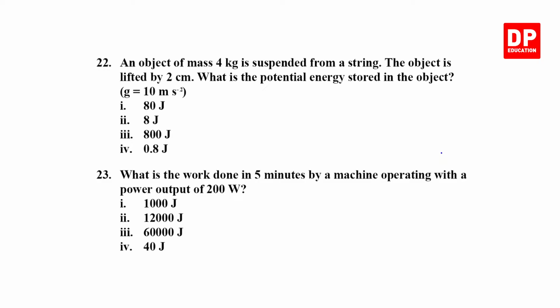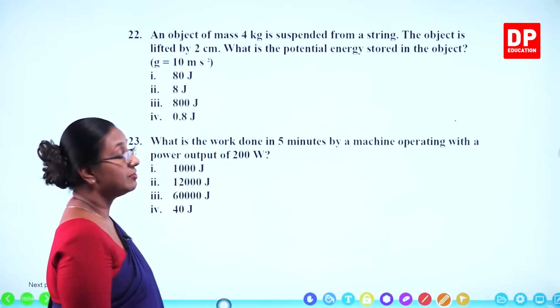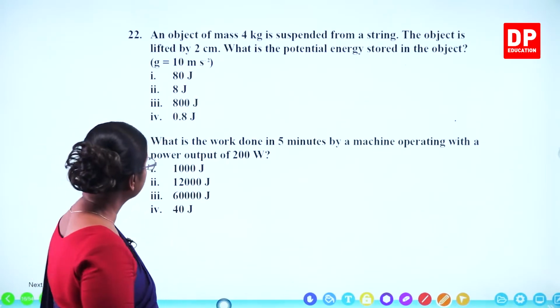Question number 22. An object of mass 4 kg is suspended from a string. The object is lifted by 2 centimeters. What is the potential energy stored in the object? Here gravitational acceleration is given to you as 10 meters per second square.